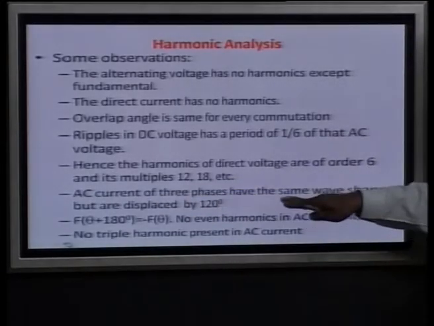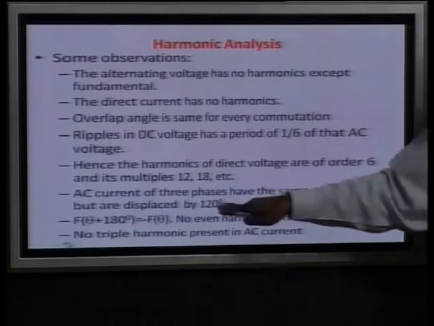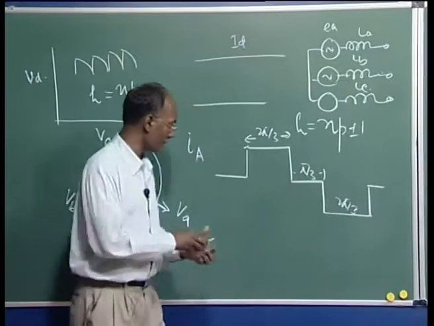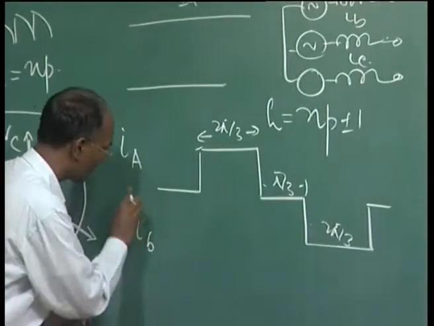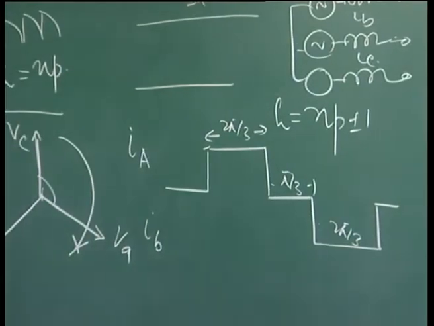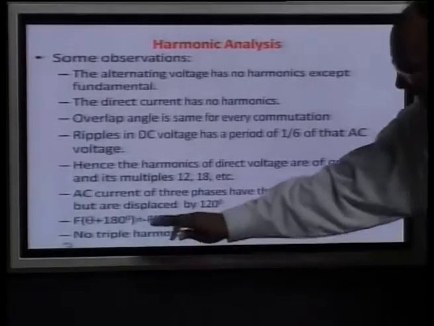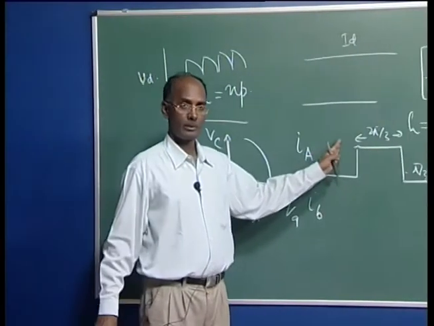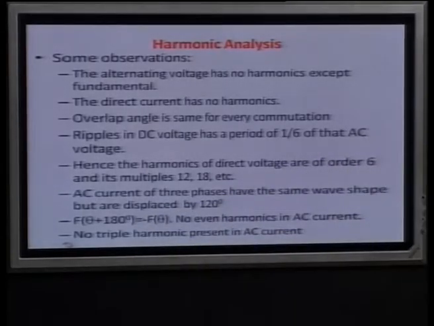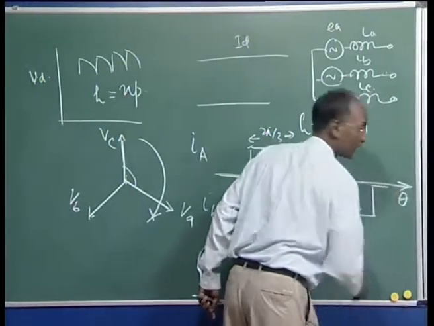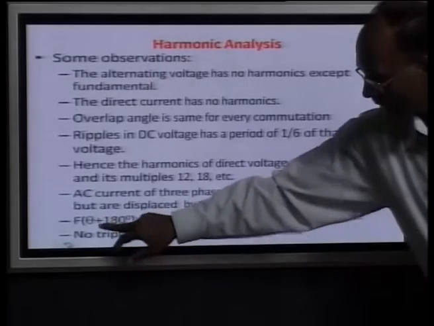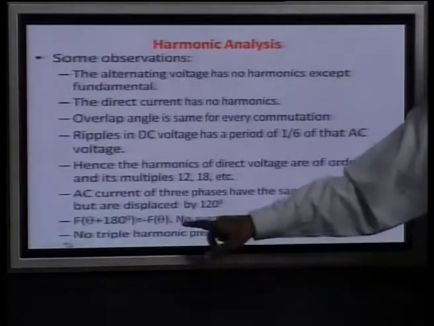The AC currents of the 3 phases have the same wave shape, but displaced by 120 degrees, because A is this one. So we get the same wave shape, but IB is displaced by 120 degrees from this IA current. We also find from this wave shape, with theta as omega t, that f of theta plus 180 degrees is equal to minus f of theta.